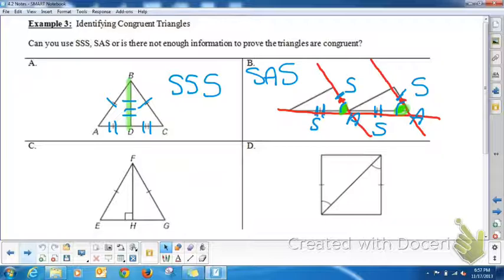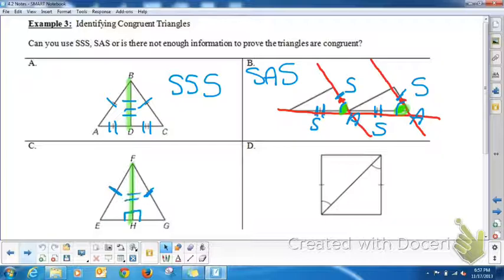Let's take a look at C. For C, we know this. EF is congruent to GF. We also know that this angle, EHF, is a right angle. So that means that this segment is perpendicular, so GHF is also a right angle. And then they share this side.